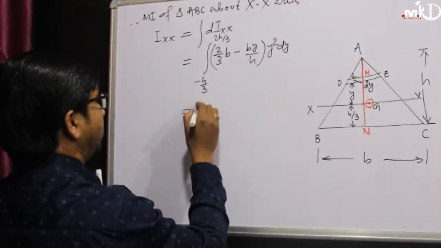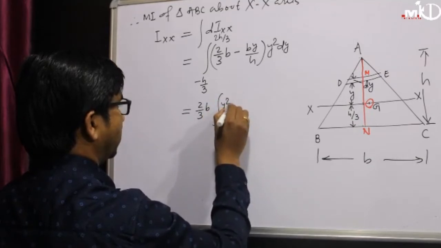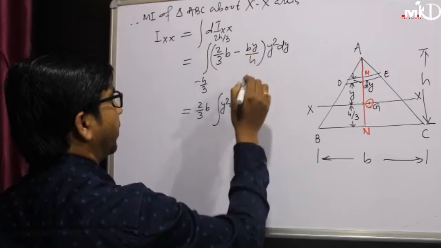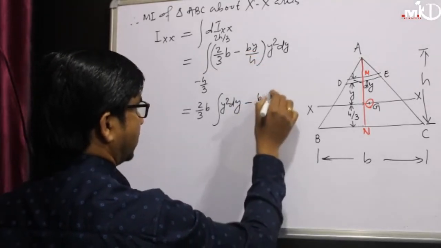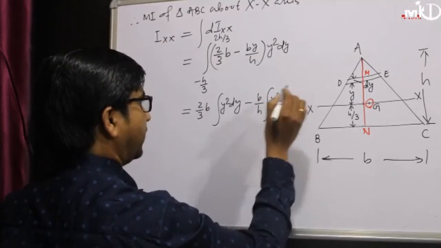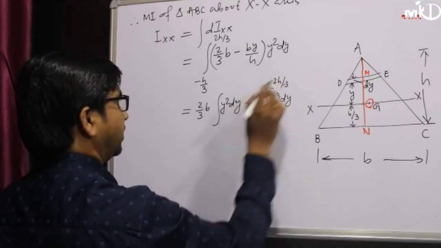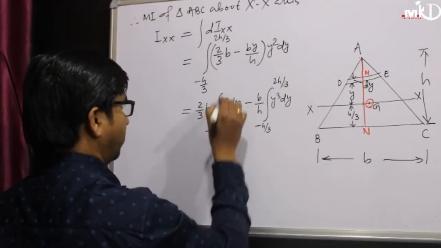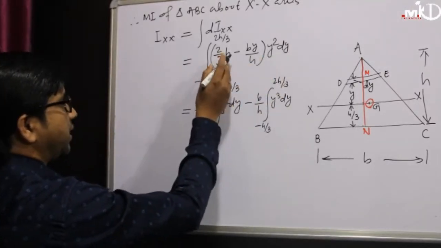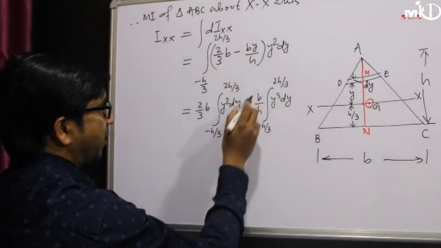So first, 2 by 3 b goes out of the integration, leaving the integration of y square dy, multiplied by minus b by h, which is constant, so it also goes out, leaving the integration of y into y square, that is y cube dy. The limit is from minus h by 3 to 2h by 3 for both. Understand it well.